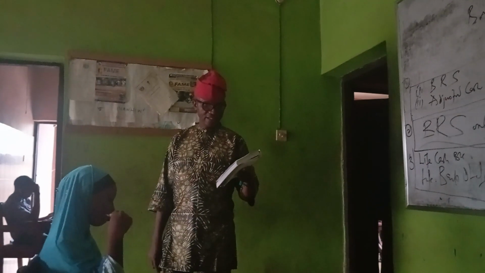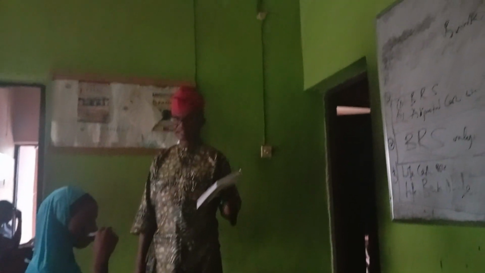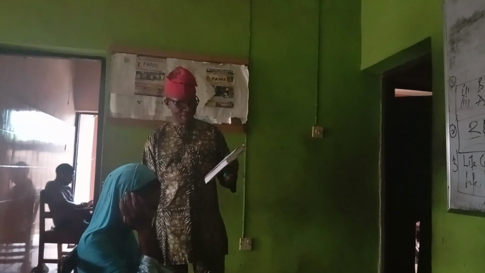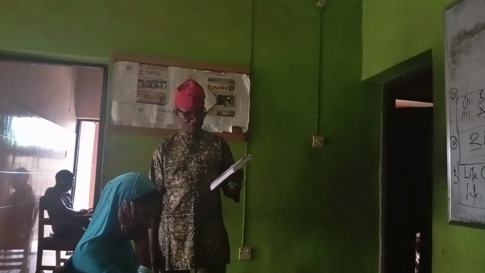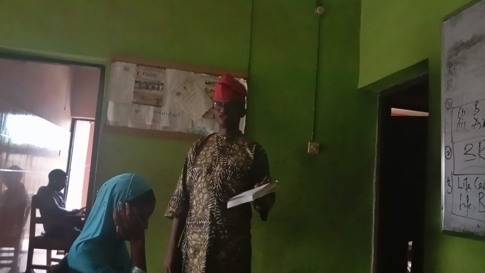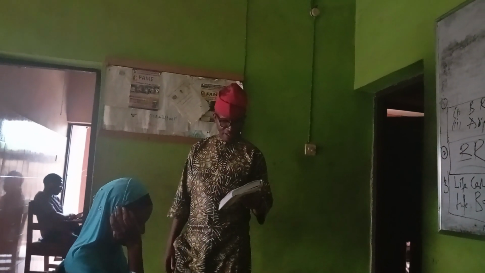B. A check totaling 360 naira has been paid into the bank but not yet credited. C. The debit side of the cash book had been undercast by 100 naira.